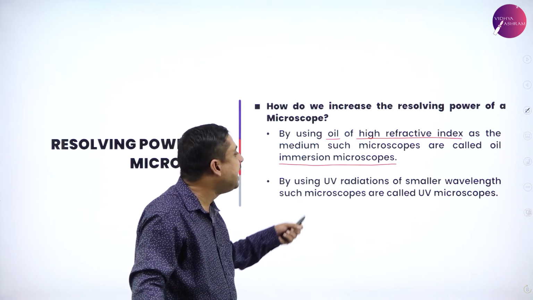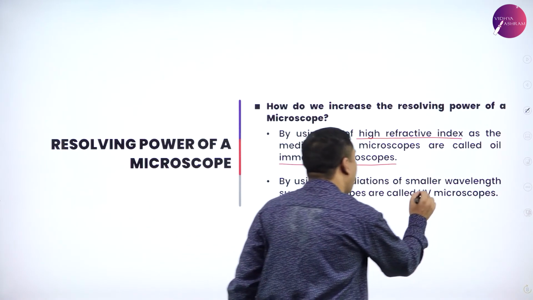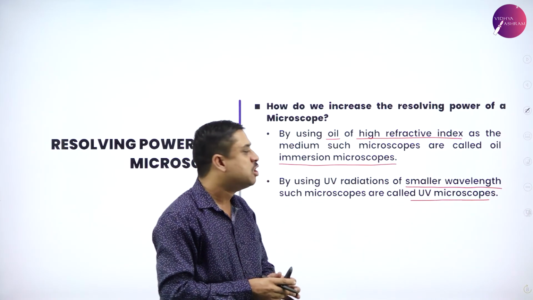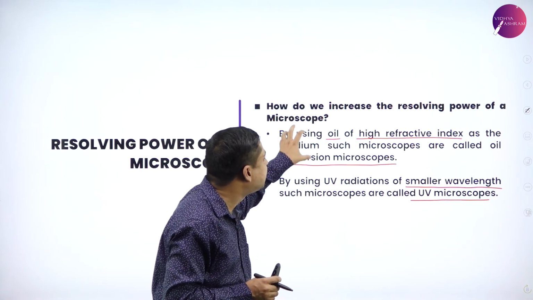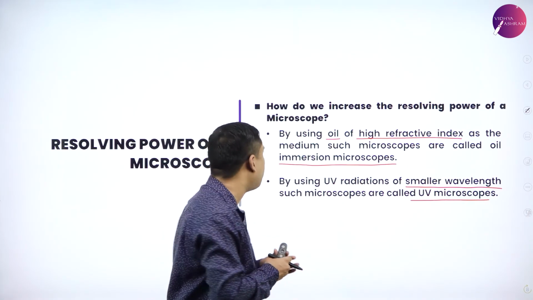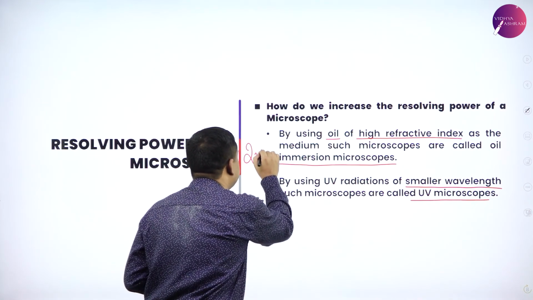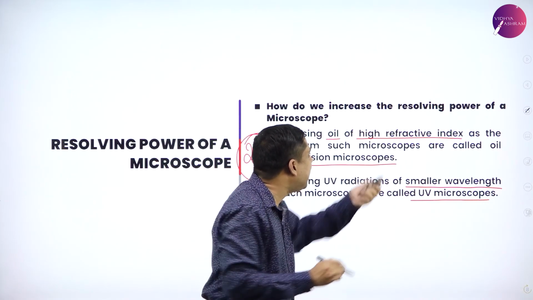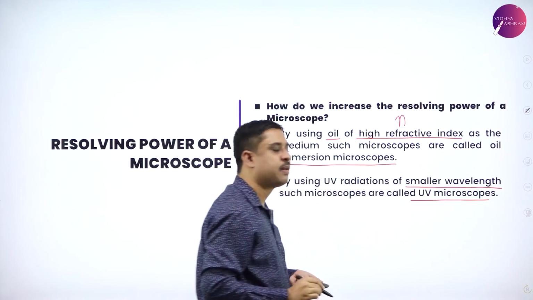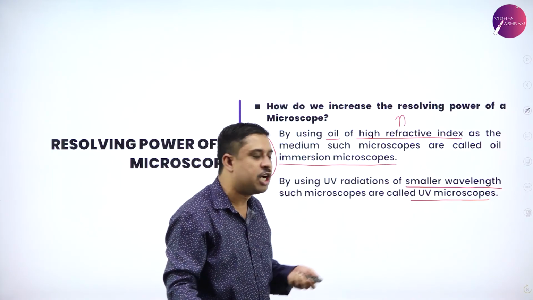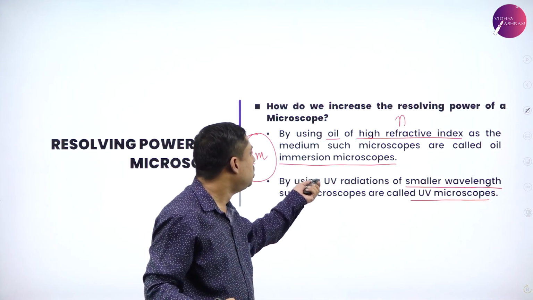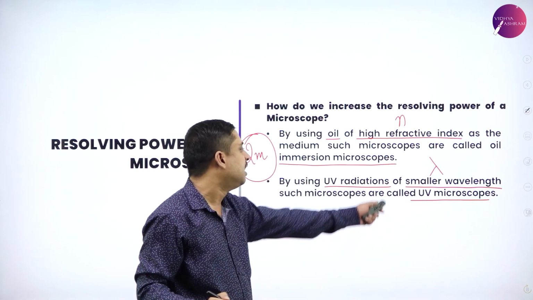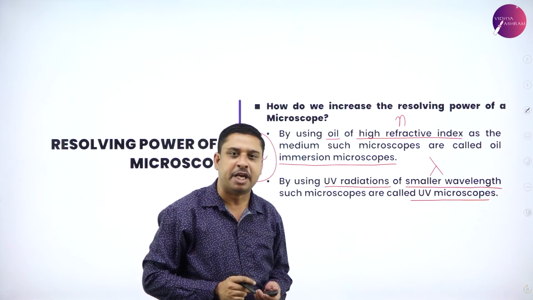And UV radiations of smaller wavelength are used, called UV microscopes. So this is how we increase the resolving power of a microscope. 2 marks. Yes, they ask in the exam. Use oil of high refractive index: oil immersion microscope. Use UV radiations of smaller wavelength: UV microscopes.